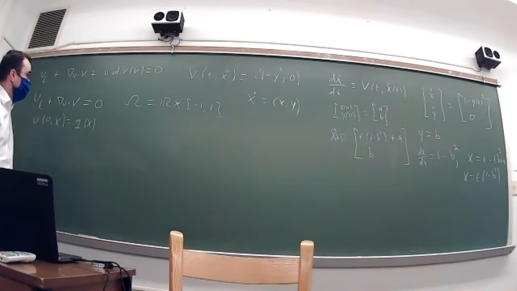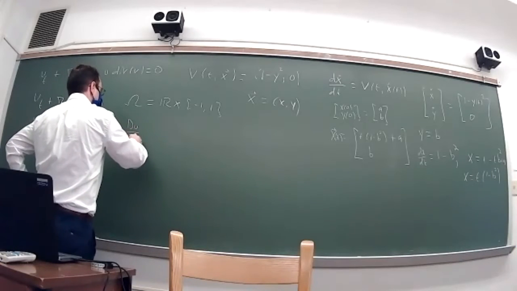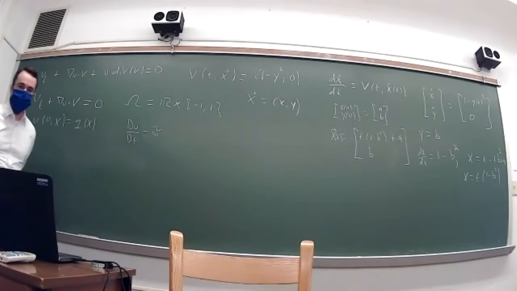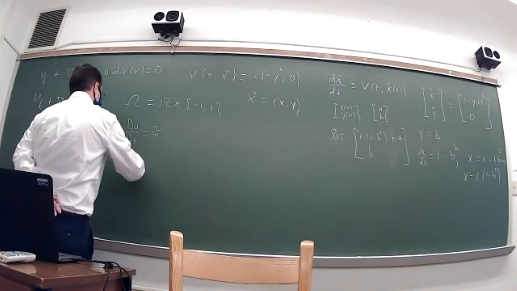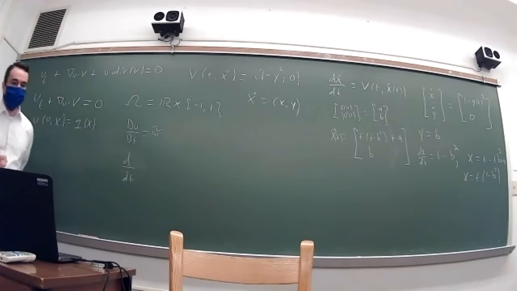In general, what you get is this equation, remember, that you take this Lagrangian derivative, which is the time derivative of u but with the characteristic plugged in.